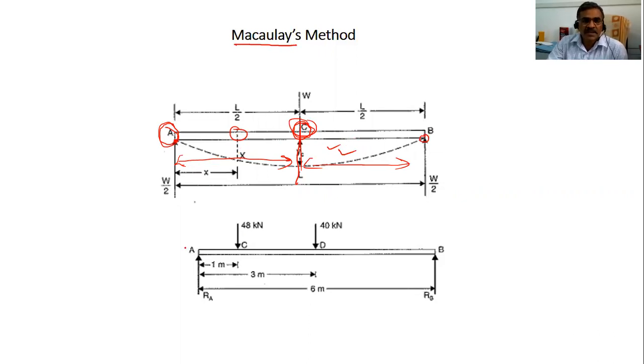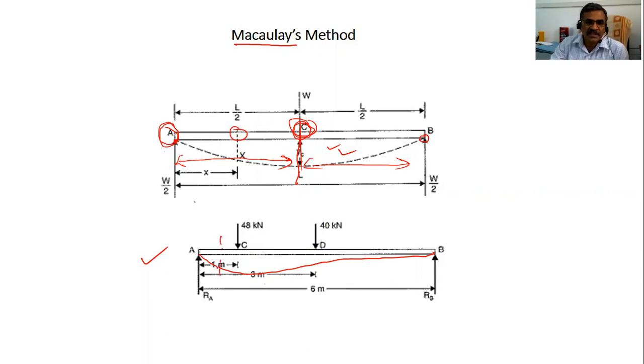But if you take a problem like this, it is not symmetrical. We don't know where the maximum deflection occurs. It may be like this, it may be like this. So in such cases, if you use the double integration method, you will be able to find slope and deflection in a particular portion only.